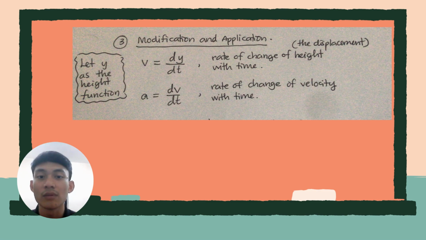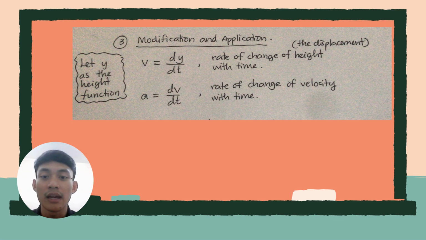Other information that we can get from this kind of question is that we need to apply what we have learned before. We do some modification and apply all what we have learned. We know that velocity is equal to dy/dt, which is the rate of change of displacement with time. Here the displacement refers to the height of the stone when we throw the stone upwards.